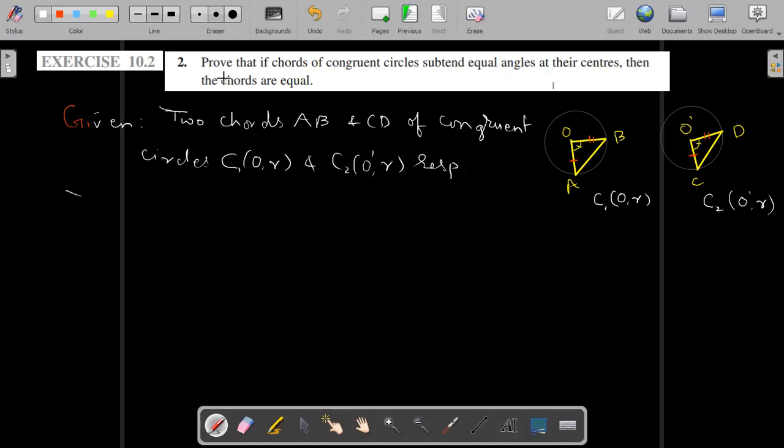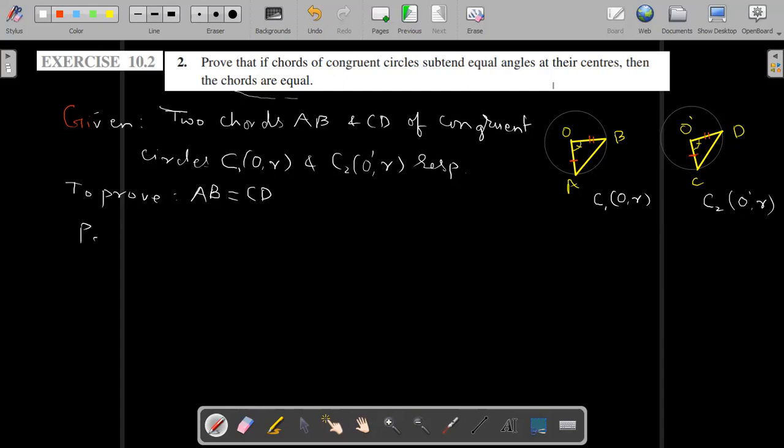What do we have to prove? To prove that the chords are equal. So that means AB is equal to CD. We have to prove AB is equal to CD.